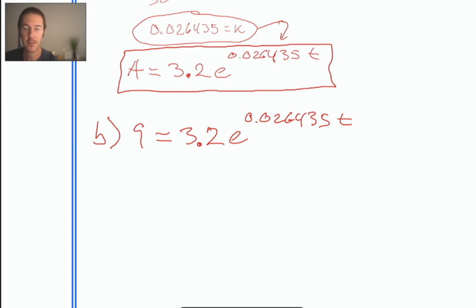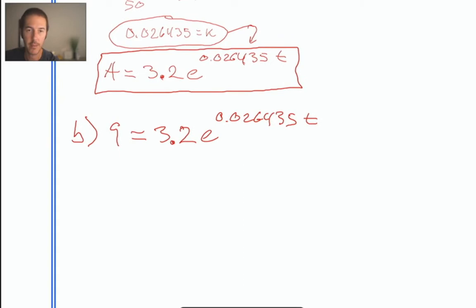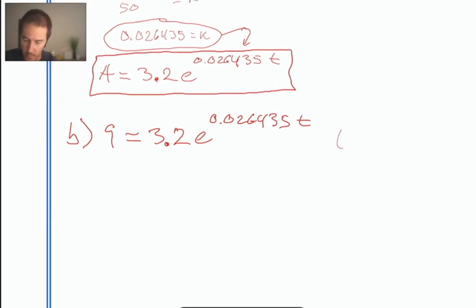Let's isolate the exponential expression on the right-hand side. In other words, we need to get rid of that 3.2. So we will divide by 3.2. And I encourage you to write a note over here that says, isolate exponential expression. That's the e to the power. All right, so I'm going back into my calculator now. I'm going to use my graphing calculator, and I'm on the home screen. I've still got some other information up there. It's okay, I'm going to leave it there.